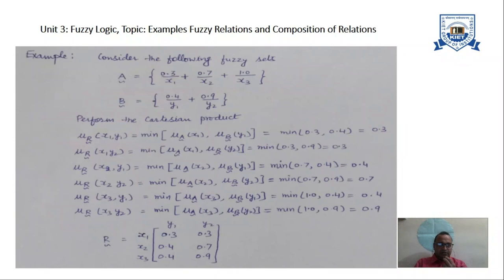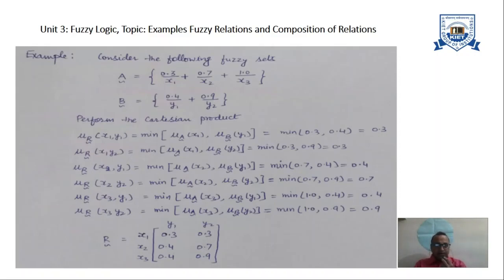Here we are considering an example where two fuzzy sets are given to us. They are fuzzy set A and fuzzy set B. These two fuzzy sets are defined on two different universes of discourse. In the first universe of discourse, there are three elements on which fuzzy set A is defined with the membership values 0.3, 0.7 and 1.0.